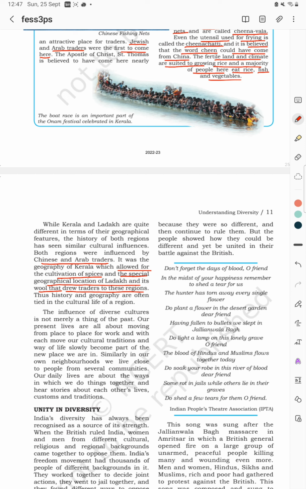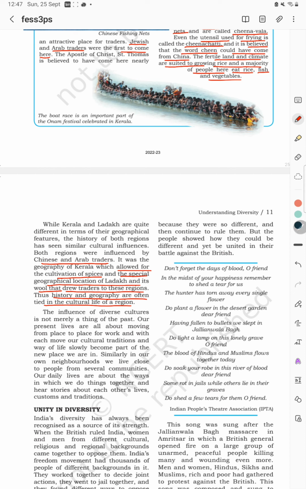So history and geography are often tied to the cultural life of a region. This means the culture of a region is greatly influenced by its history and geography. So each geographical region has its own history and a unique cultural way of life.